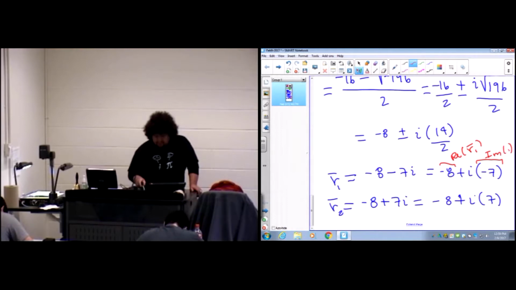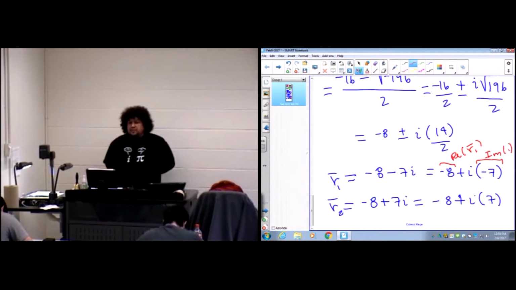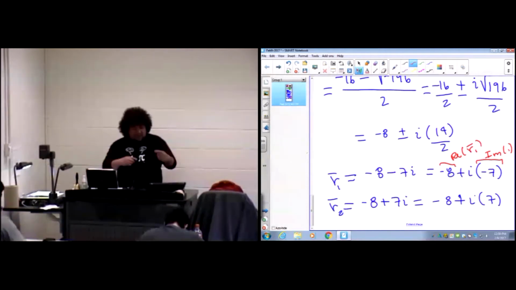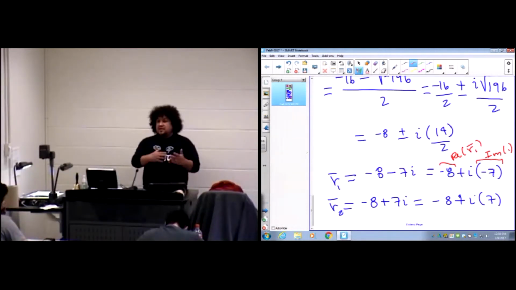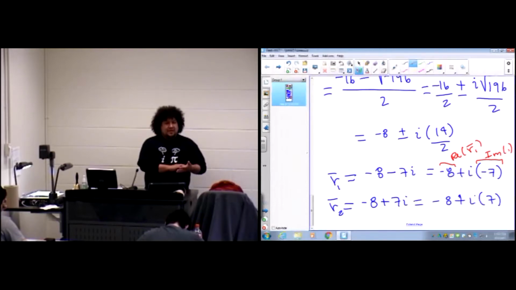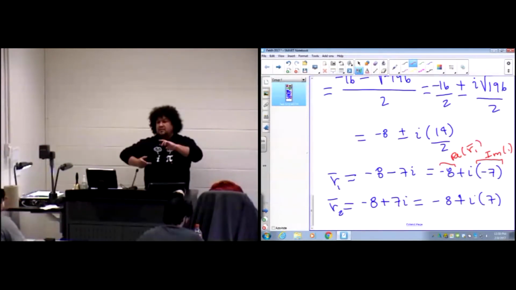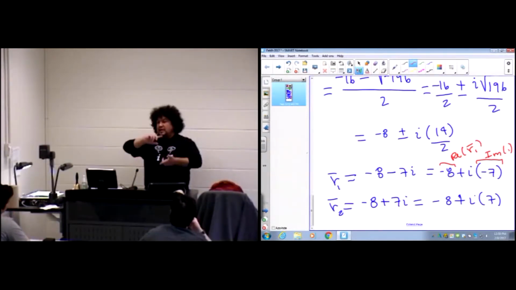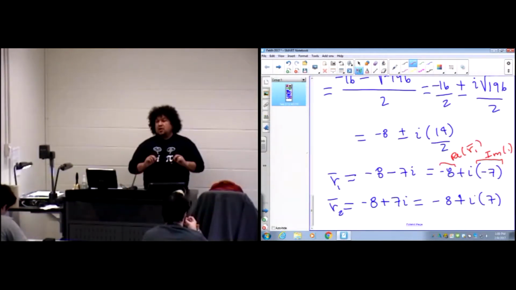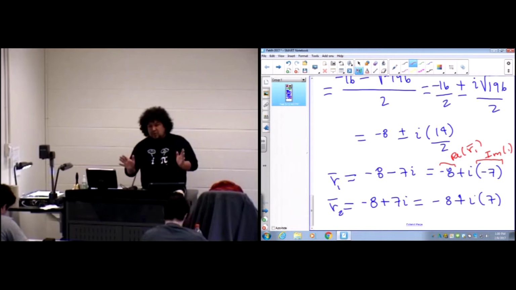So when you find roots of polynomials, you may find that those roots involve complex numbers with non-zero imaginary parts. If the imaginary part is 0, the complex number still counts as complex, but it lies on the real axis, right? Are you with me? Remember that the complex plane has a horizontal axis called the real axis, and the vertical axis is called the imaginary axis.